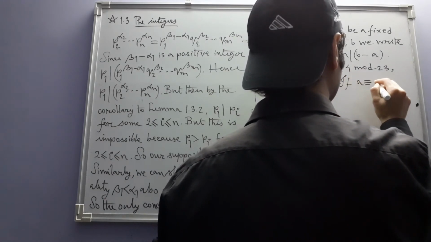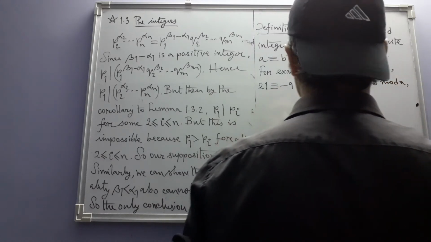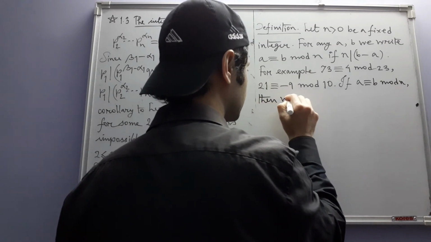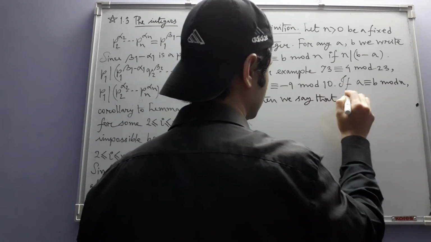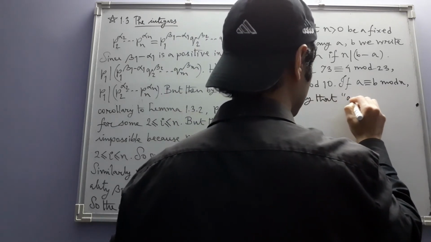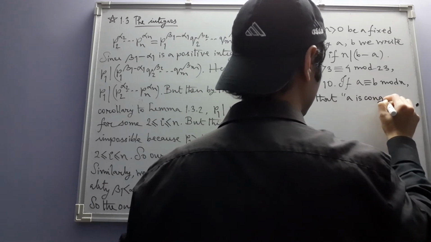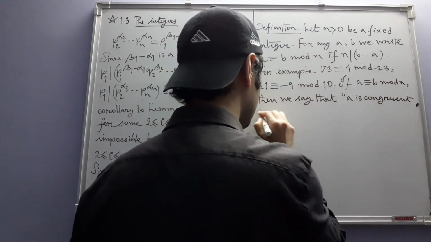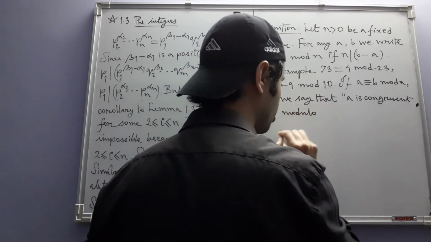Then we write like this: if we have this, then we say that a is congruent to b modulo n.